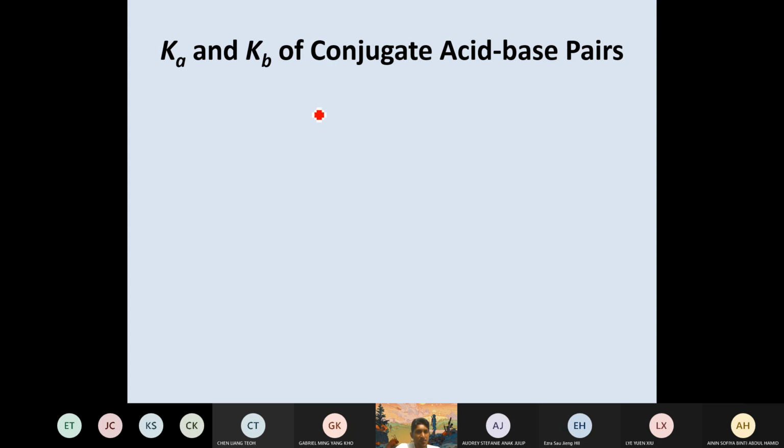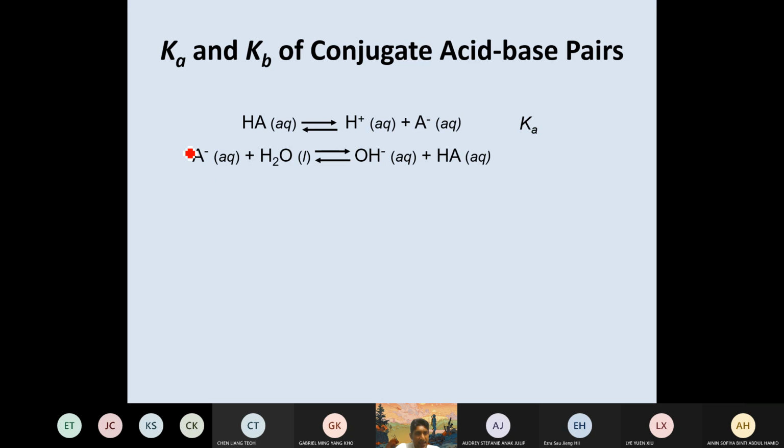So, Ka and Kb of a conjugate acid and base pair. Of course, there will be a conjugate acid and base. From the acid dissociation constant we can find that the acid dissociation constant is the hydrogen ion concentration times A, the conjugate base that is produced here, divided by HA, the undissociated acid.